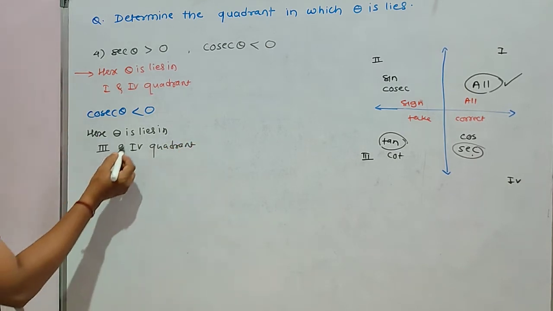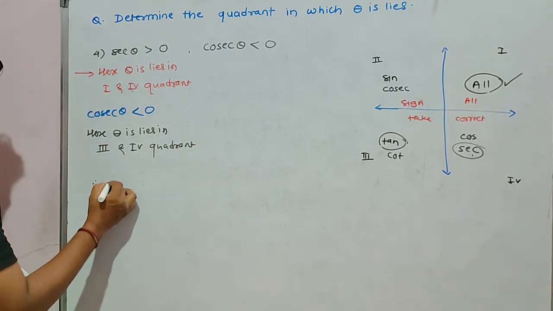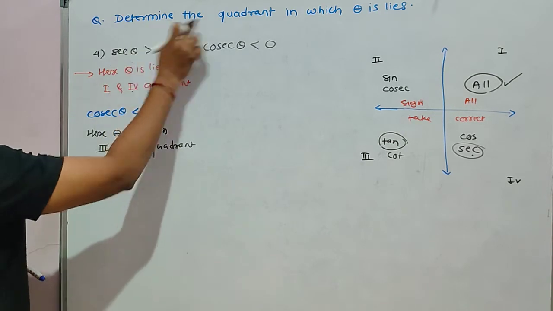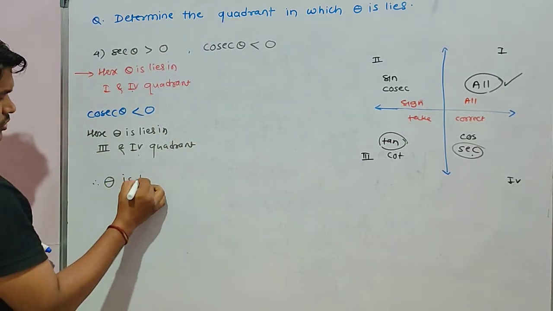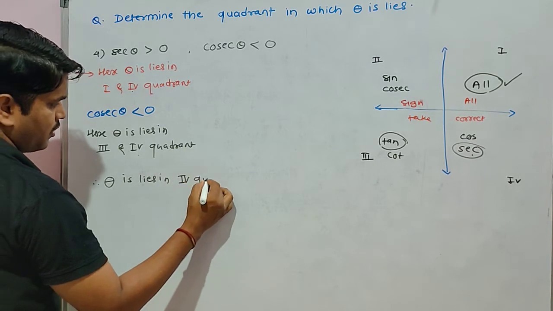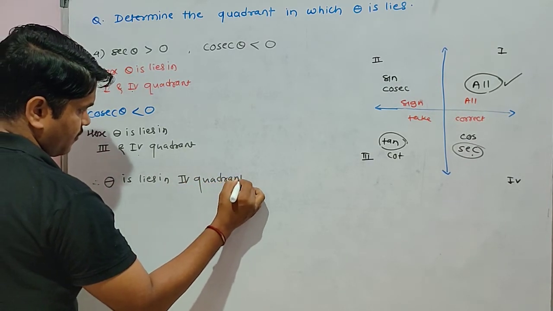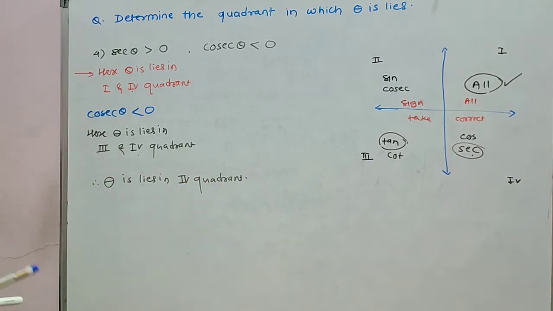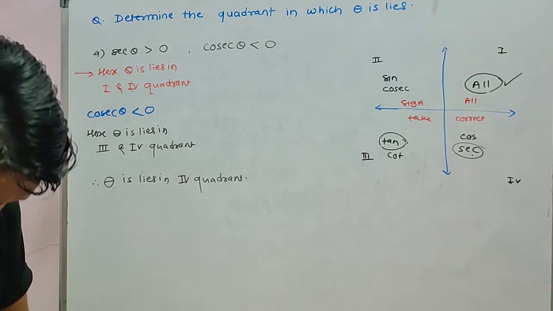Okay, now take the common quadrant. Fourth is the common quadrant, so we can say, determine the quadrant, theta lies in fourth quadrant. Understood? So I will write a small homework for you.